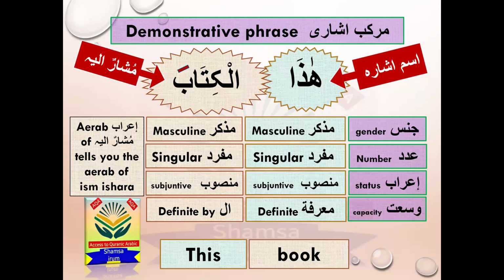This is how easy it is. I don't think you need to be scared or think, oh, it's very hard, I don't know how I will check the i'rab. It's so easy. You just check the i'rab of the musharun ilay. Whatever i'rab musharun ilay has, you use the same i'rab for the ism ishara.